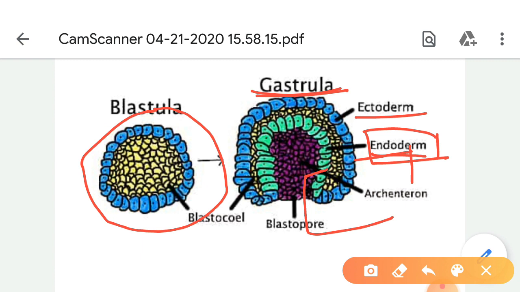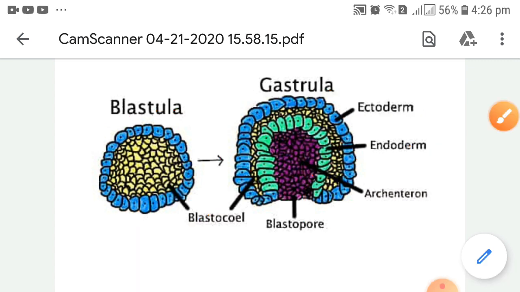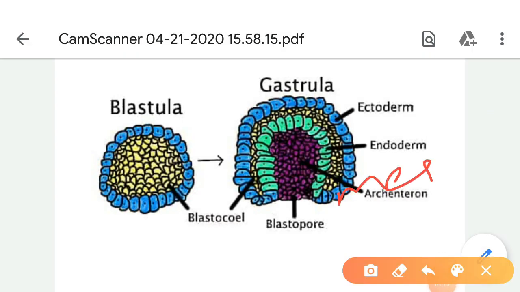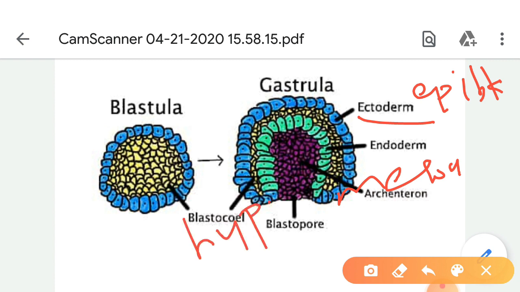Here three types of layers are formed: one is the ectoderm, another is the endoderm, and another is the mesoderm. The ectoderm is formed with the help of epiblast cells, the endoderm with the help of hypoblast cells, and the mesoderm with the help of mesoblast cells.